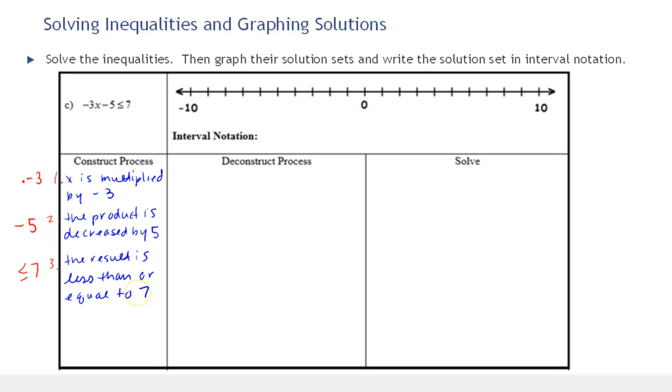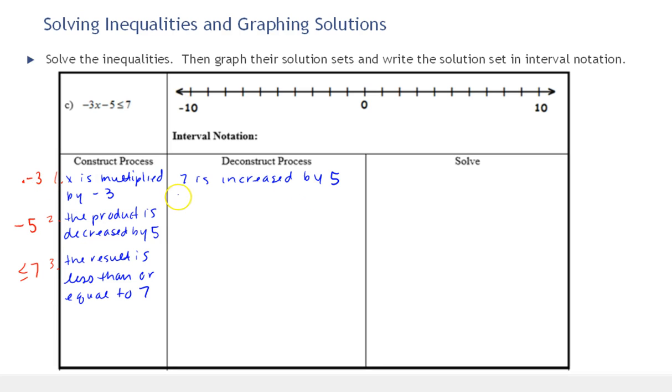So we want to start with 7, and instead of decreasing by 5, we're going to increase by 5. Okay, so 7 is increased by 5. Okay. Now we had multiplied by -3, so we're going to divide by -3.